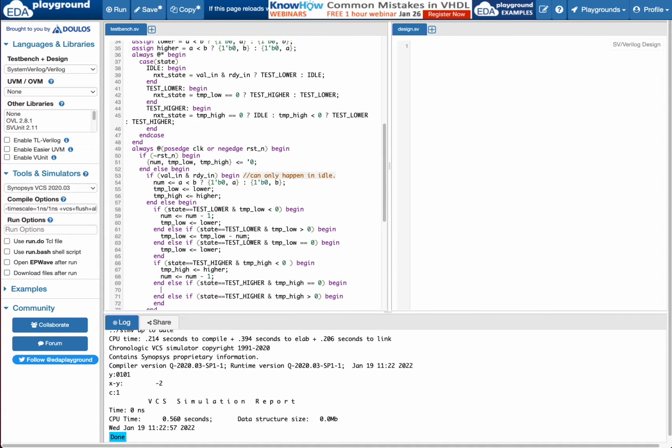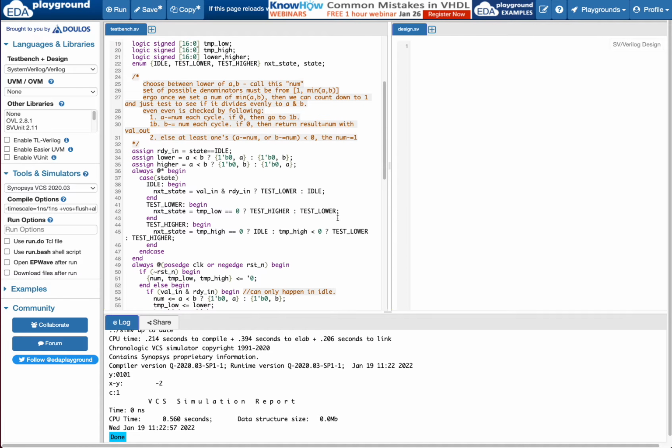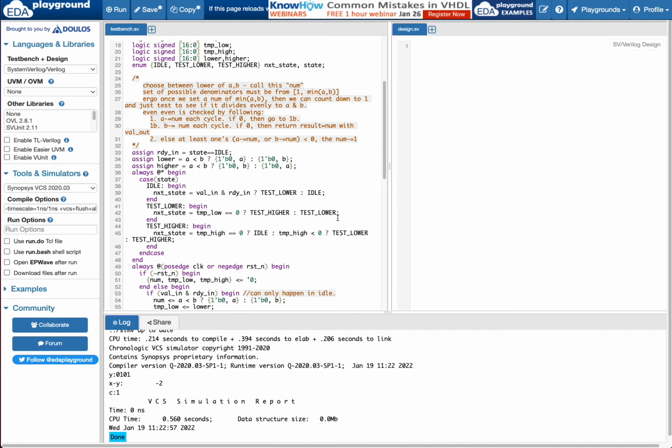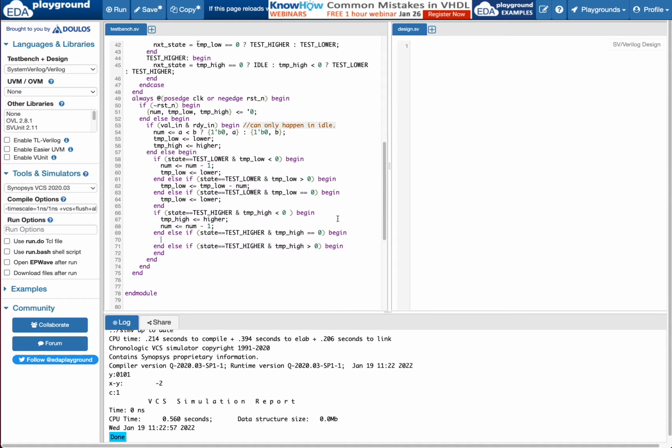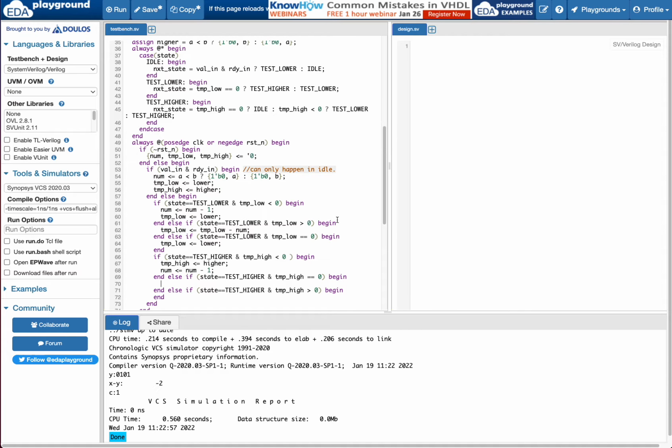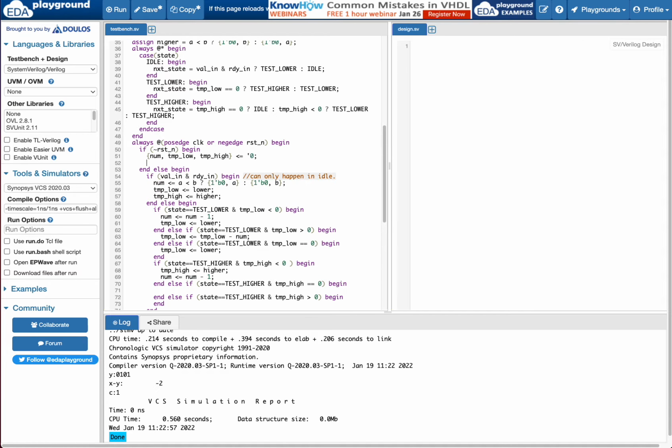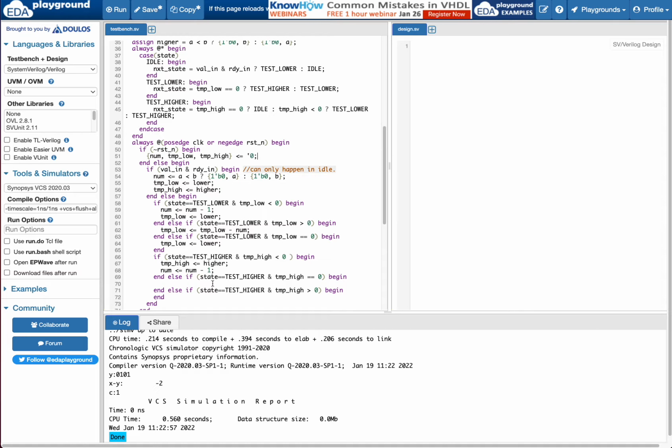And then so what that means is we're going to go to the idle in the next state, and I don't know if we need to do anything here, because if we're going idle next state, then all these will be reset the next time we have a new set. So actually just get rid of it.